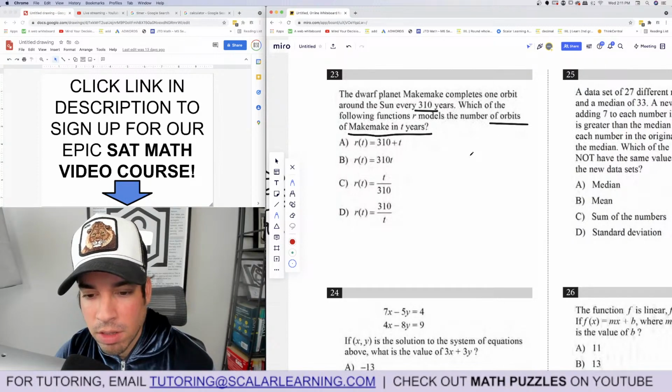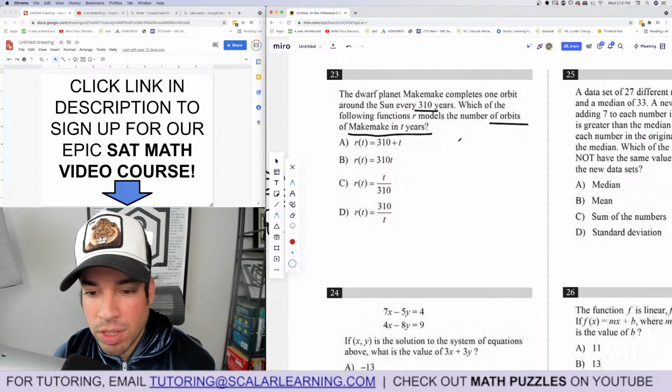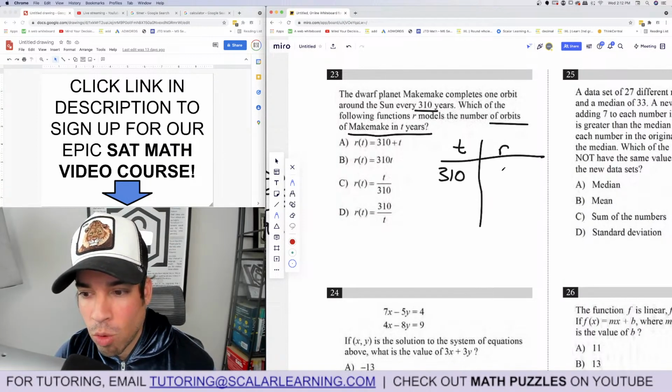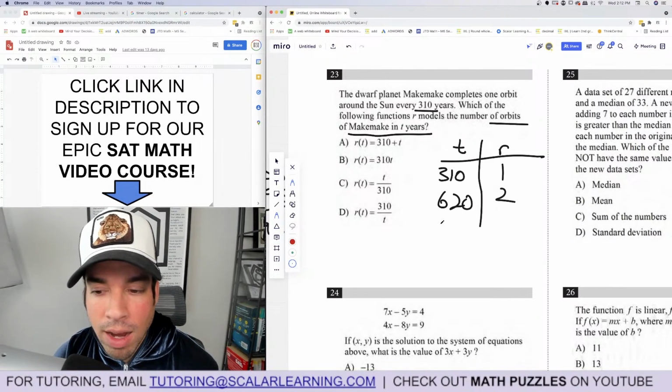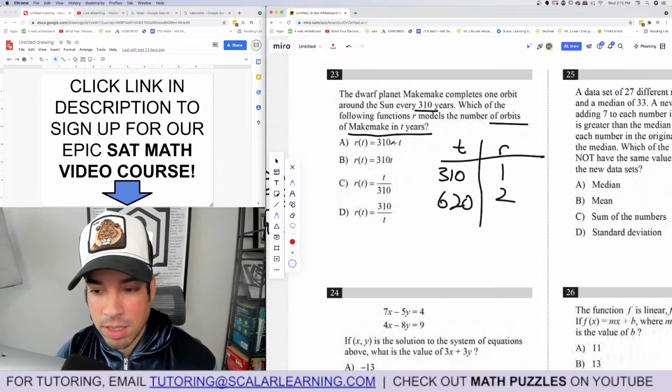Hold on a second. It's got to be C, and I'll tell you why. Every 310 years. In 310 years, the amount of orbits should be 1. In 620 years, the amount of orbits should be 2. I only need to do this with 2 points. And all I got to do now is just plug in and see if that's true for this one.